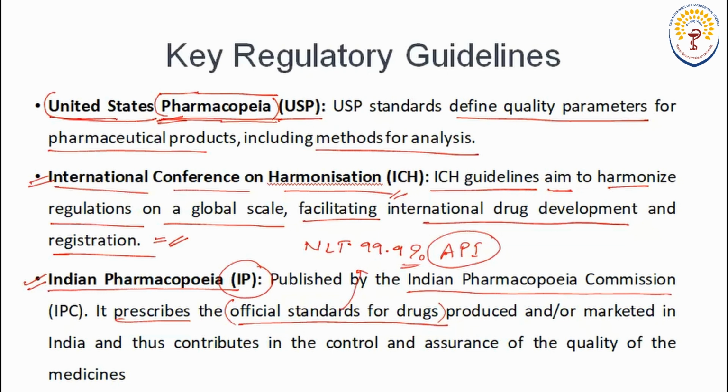The pharmacopoeia gives us the official standards that we should apply. These standards regulate the drugs which are produced or marketed in India, and thus the Indian Pharmacopoeia is assuring the quality of medicines which are manufactured or distributed in our country.